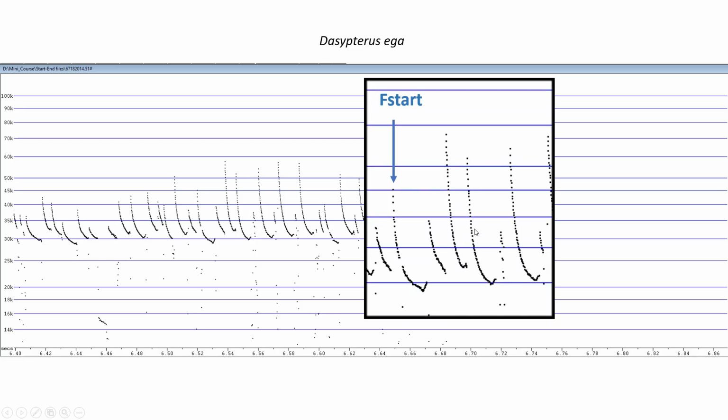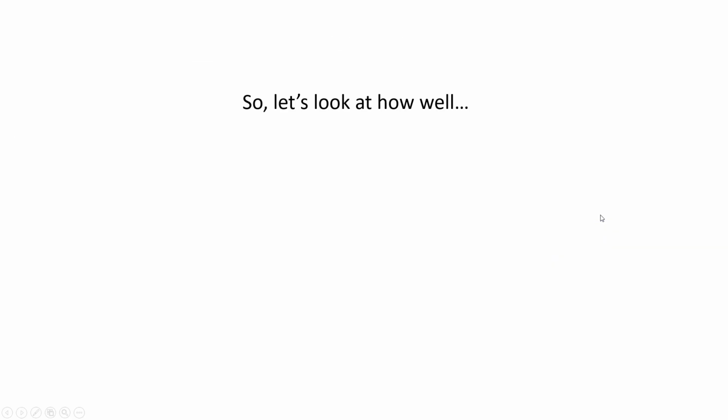So, F start, variable like all Vespertilionids. F end, well, some are high, some are low, and some are in between. So that may not be that useful. Another issue with F end is that frequently with Vespertilionids, we have calls that have what we call a toe on the end of it. So the end frequency is actually higher than the minimum frequency. So F end may not be that useful.